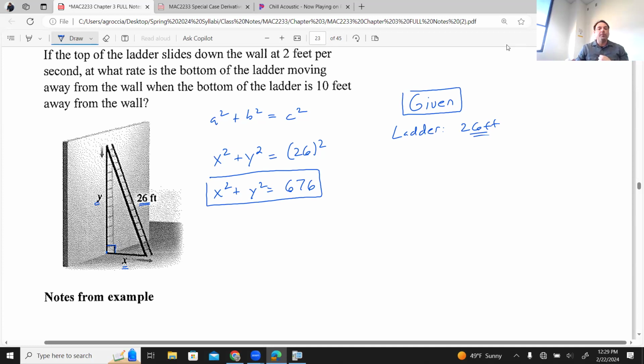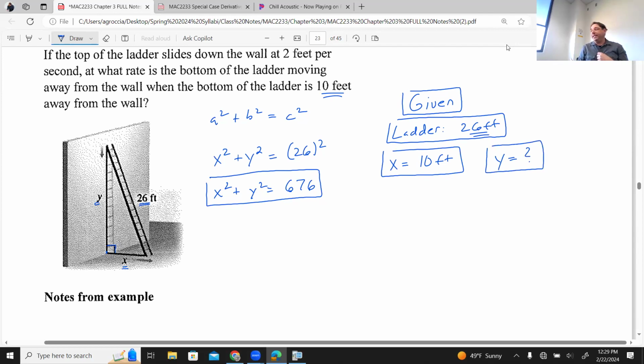And they told me that the distance x is 10 feet. In the problem, they told me that the distance from the wall to the ladder is 10 feet. So the ladder is given. x is given. Unfortunately, they did not give me y.